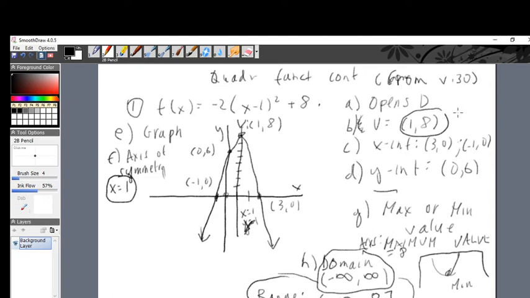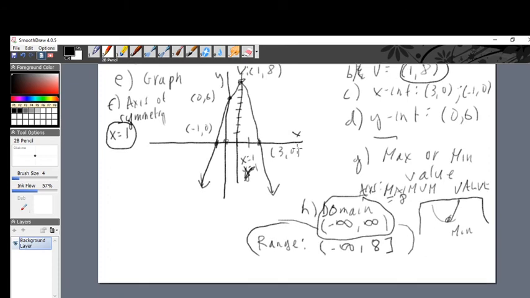Okay, we can do a little bit more on this piece of paper having to do with quadratic functions. Let me cordon off a little space for us, and let me give you an example.